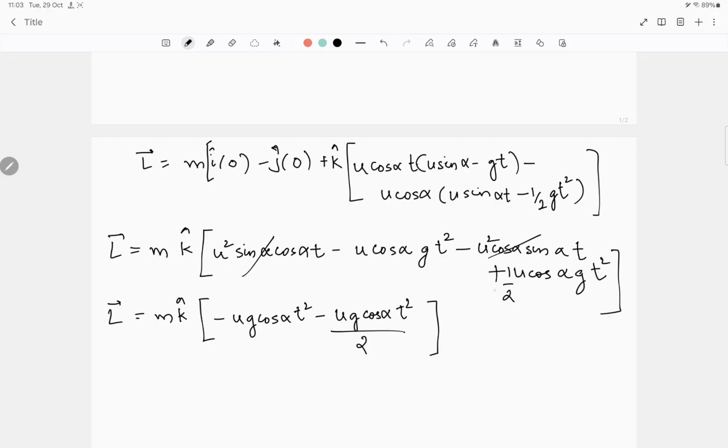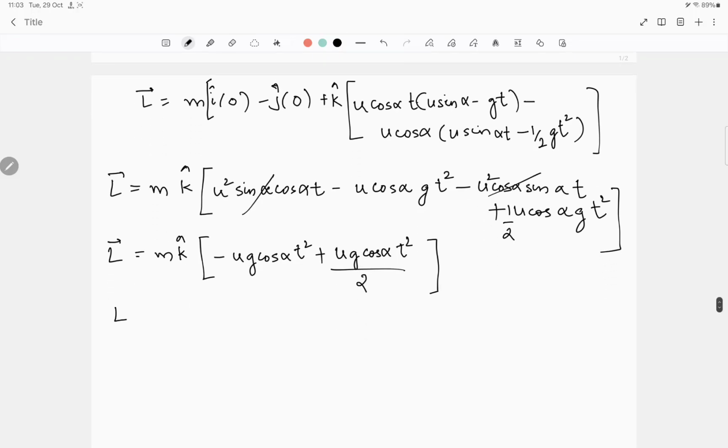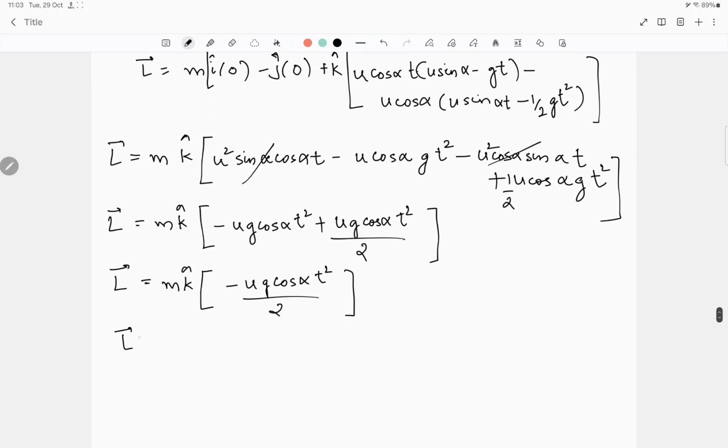This becomes plus here, this becomes plus, so what we have is L equal to m into k cap into minus ug cos alpha t square by 2, or we can write this as L is equal to m g u cos alpha t square by 2 into minus k cap.